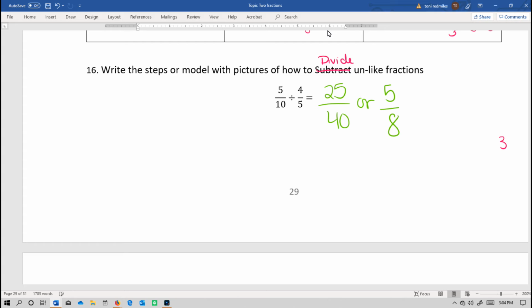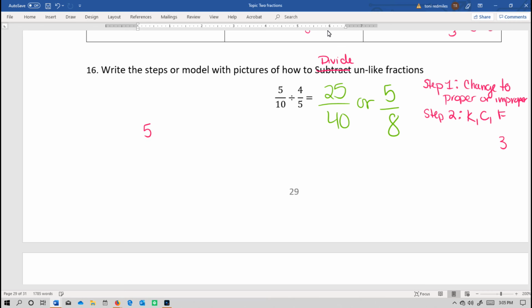Okay, so the first thing I need to do is see if I need to change to improper. So step 1, change to improper. I'm going to put proper or improper. Step 2, keep change flip.